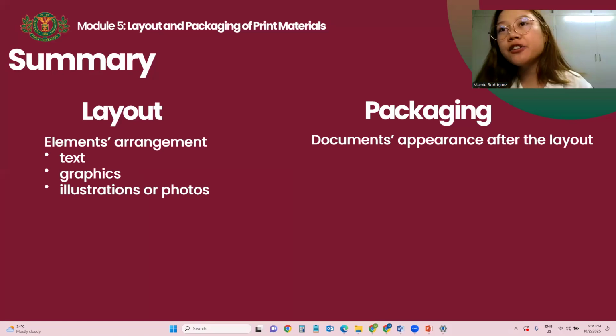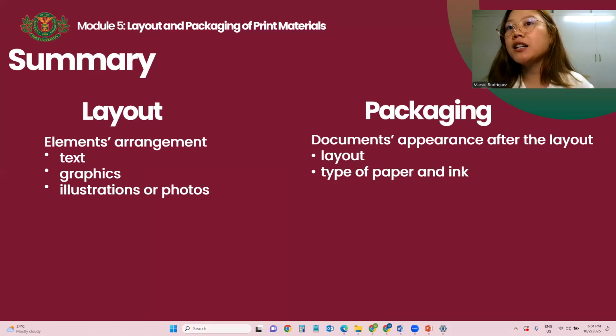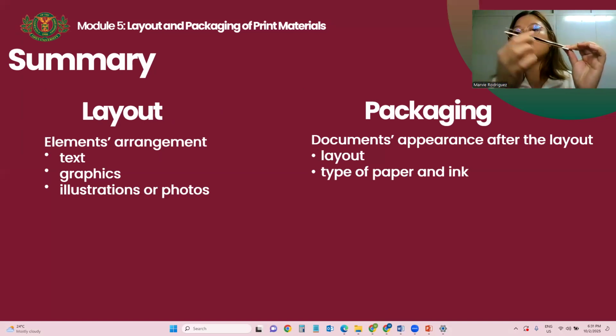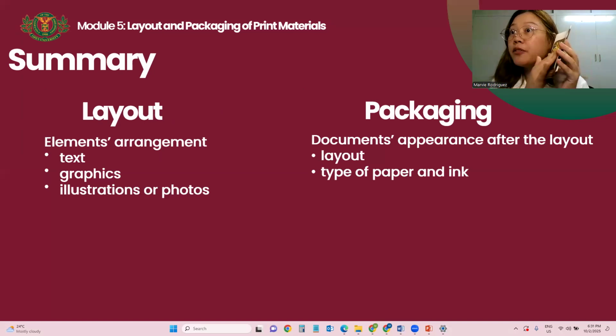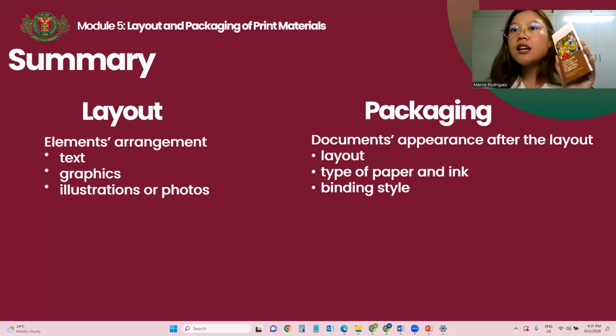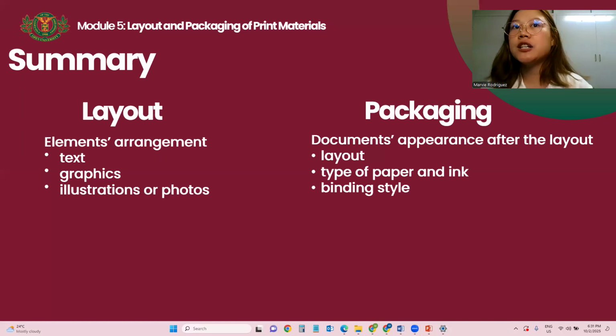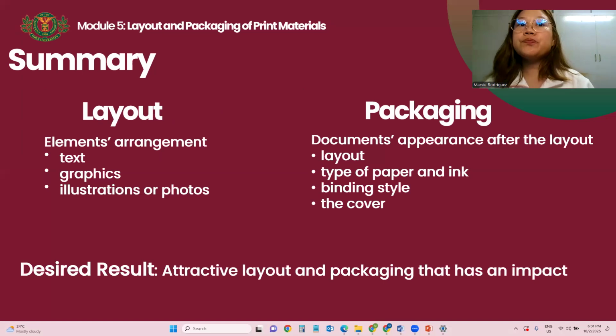So it happens after the layout. So that means that packaging itself includes the layout and then physical characteristics like the type of paper and the ink and also the binding style and folding style. That's packaging. Those are the differences between the two.